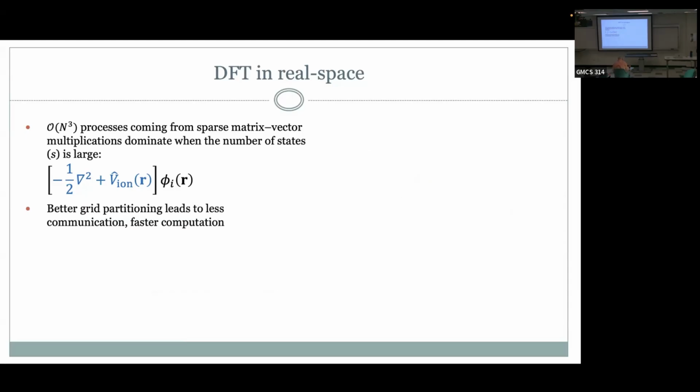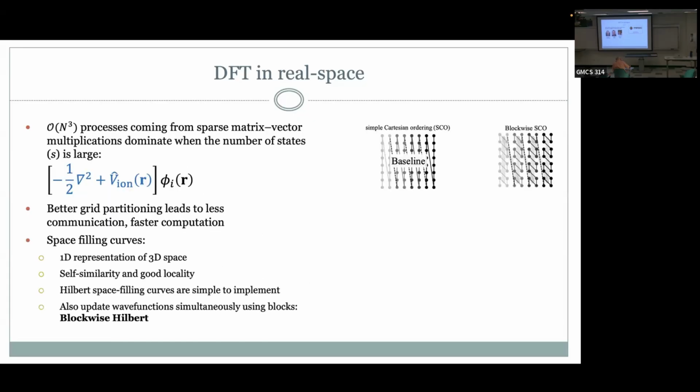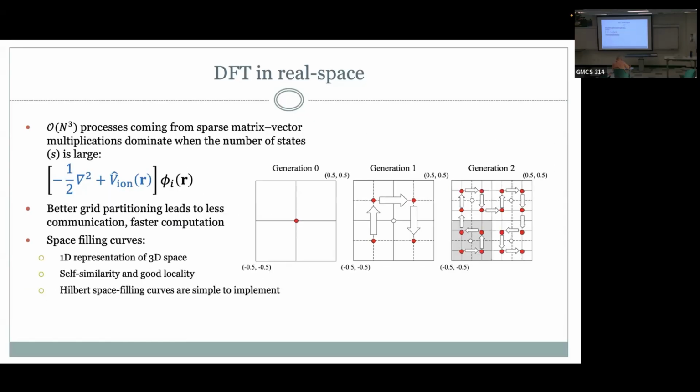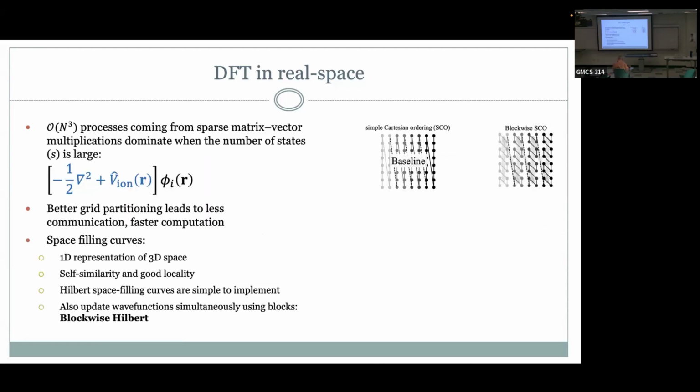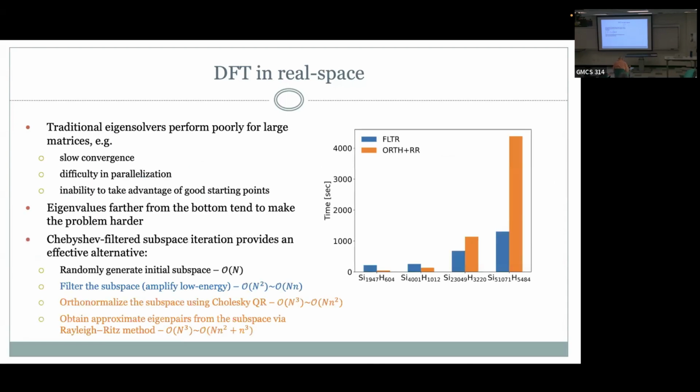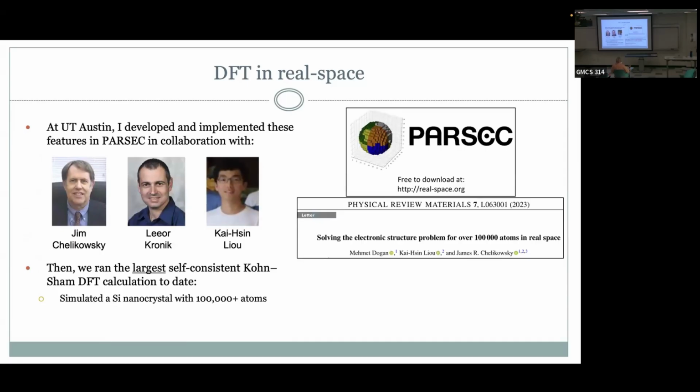All right. So the next set of ideas is about partitioning the grid. Okay. I think I'm going to have to change my pointer.